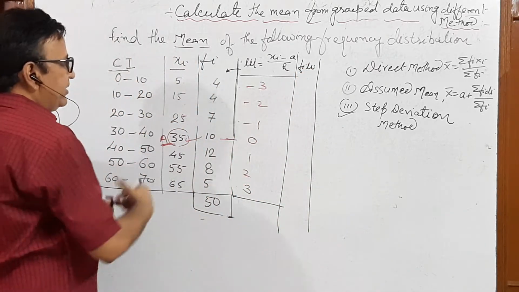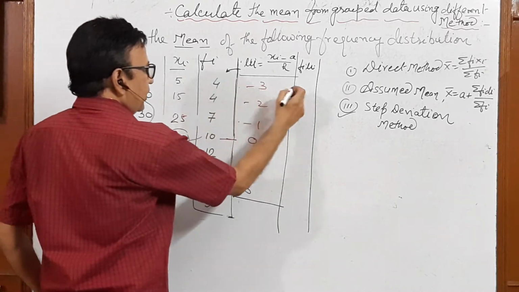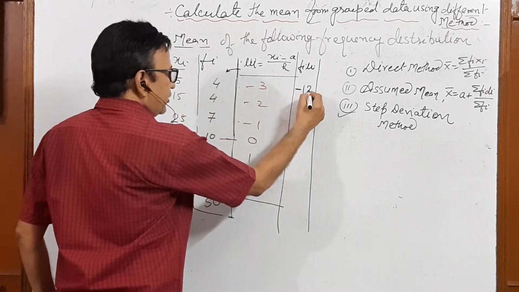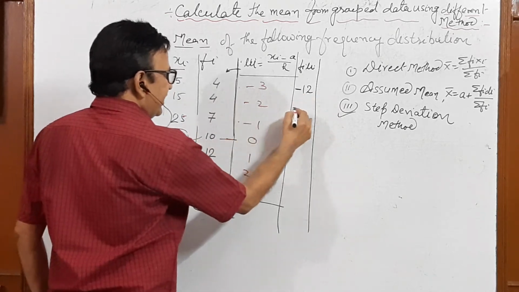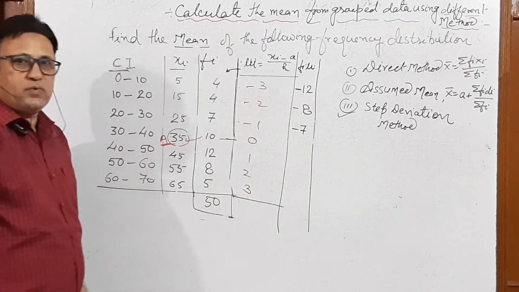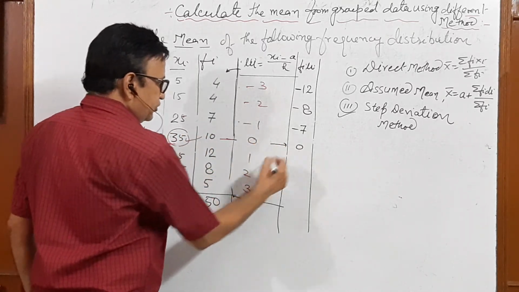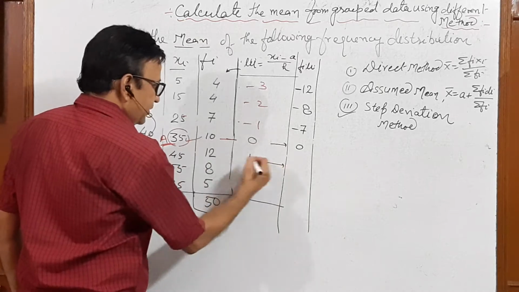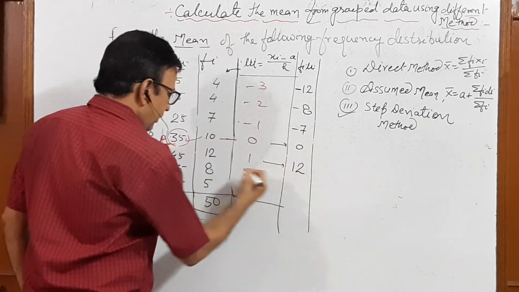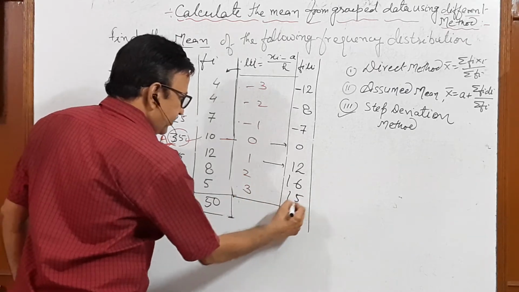Then find Fi ui. Fi ui means this multiplication. Clear? It becomes very simple. Minus 12. Calculation is very less. Minus 8. Right? Then minus 7. Then 0. Then 12, 8 twos are 16, 5 threes are 15.